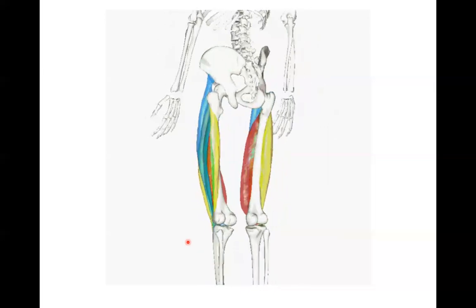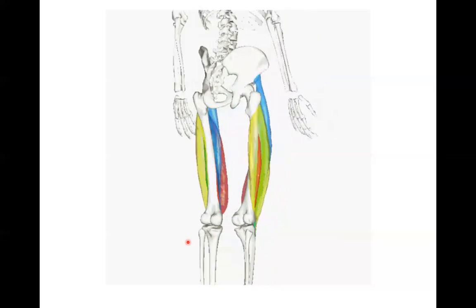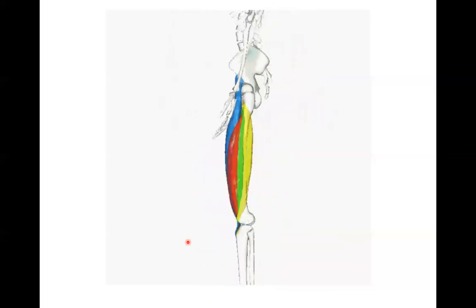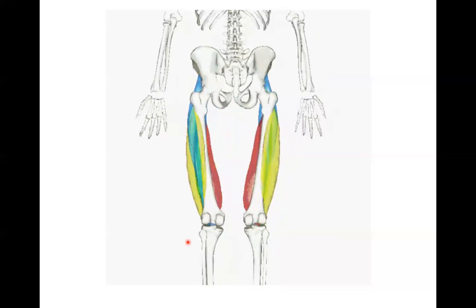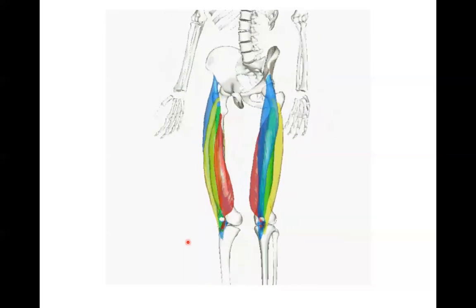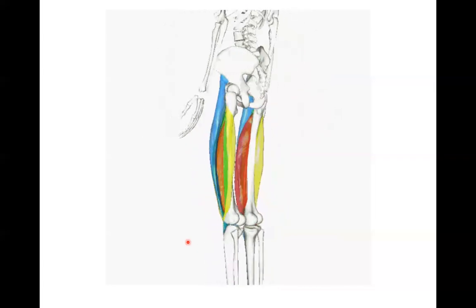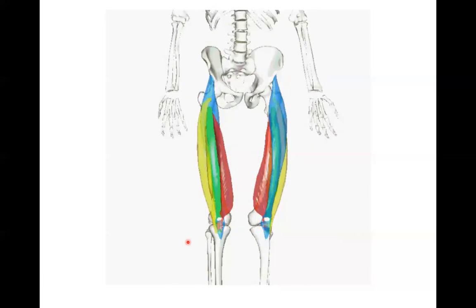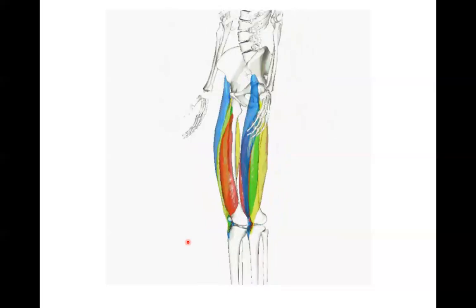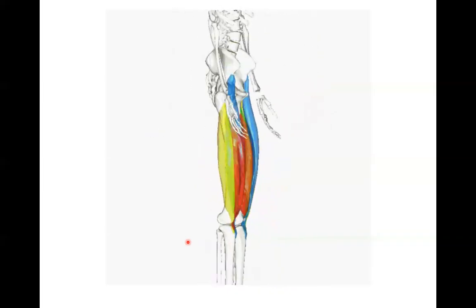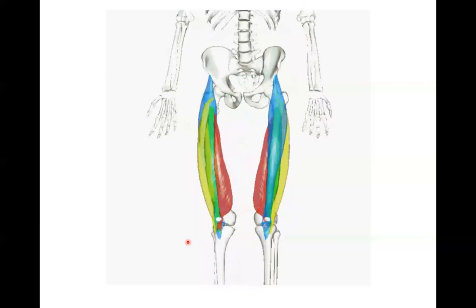It has its origin on the anterior femur, and most of its muscle belly is up near the femoral head, and then it converges on that common quadriceps tendon down to the patella, to the patellar ligament, to the tibial tuberosity. So it's also responsible for extending the knee. So all four quadriceps muscles extend the knee, and just Rectus Femoris can participate in hip flexion because of that insertion on the ilium. So I'll go back.